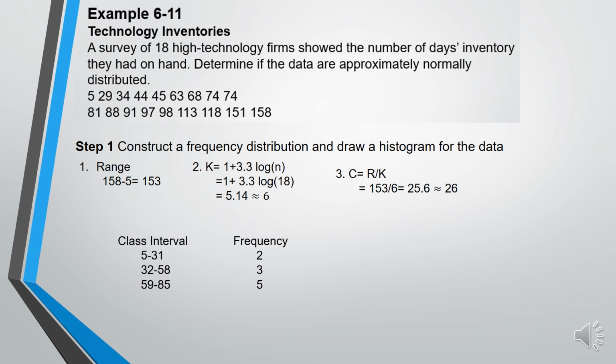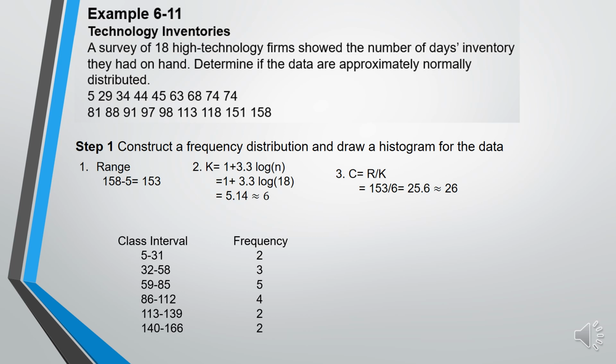So 5. And 86 plus 26 is equal to 112. So the frequency is 4. So 113 plus 26 is 129, and the frequency is 2. And lastly, we have 140 plus 26 is 166, so the frequency is 2. If we sum up, the frequency is equal to 18.